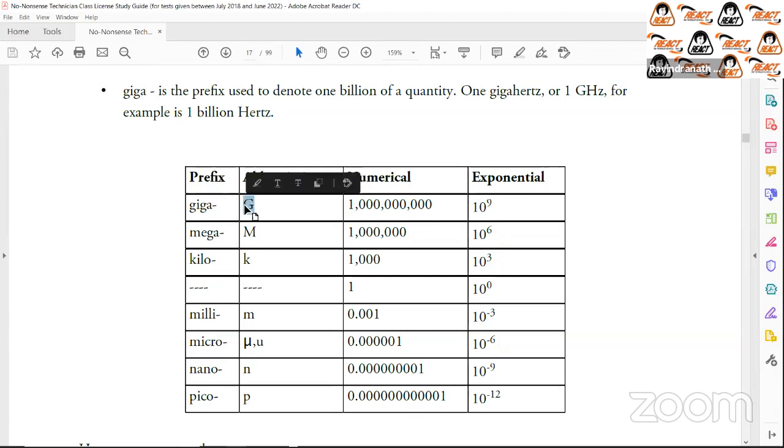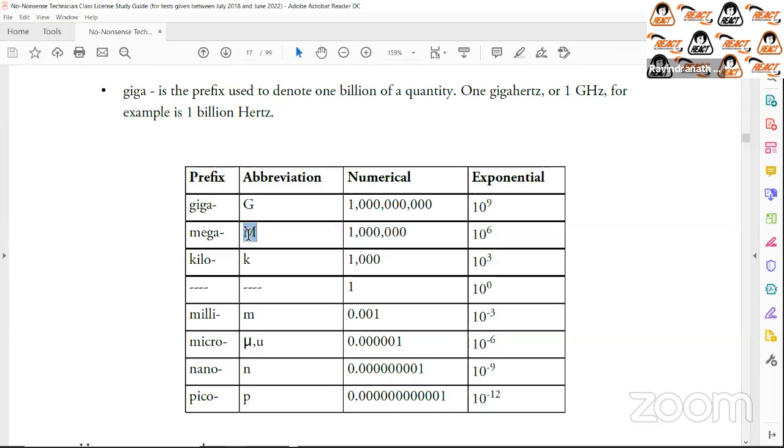For giga, it's the capital G. For mega, it's the capital M. For kilo, it's the lowercase k. Milli, it's the lowercase m. Now notice that mega is capital M, but milli is lowercase m. So if you make a mistake and put the small m, you're talking about a very small amount.